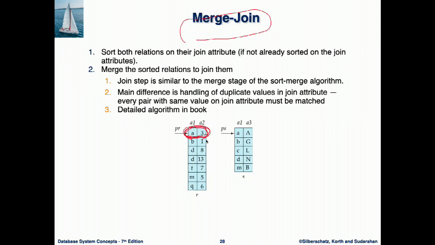How many times am I going to read it when I'm doing merge join? Please type a number. How many times am I going to read this record having A and 3 when I do merge join?